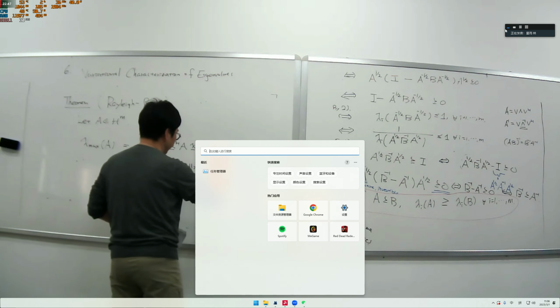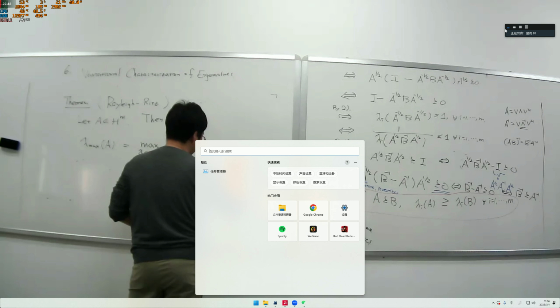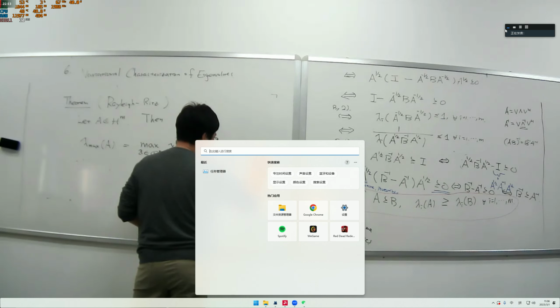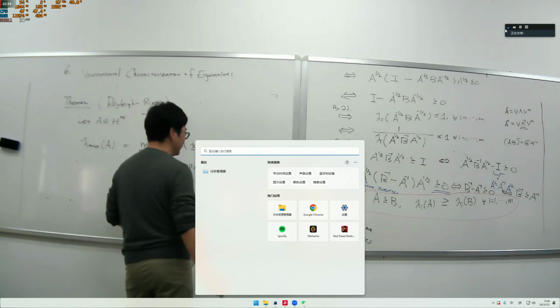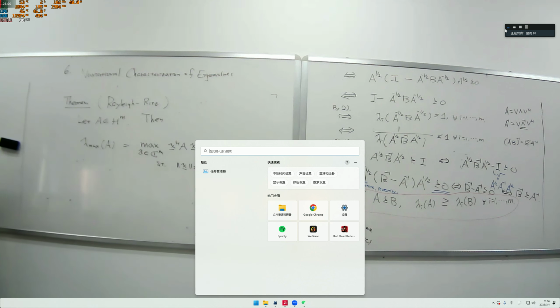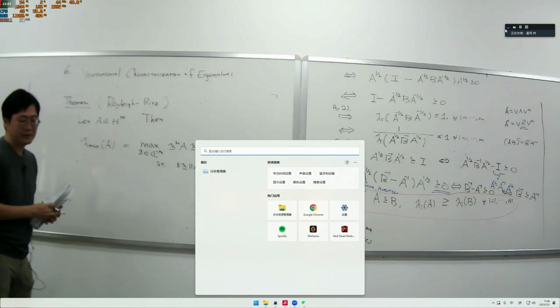Or, equivalently, write the problem like this. So these are equivalent problems.